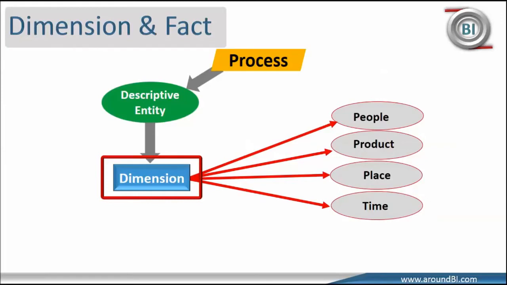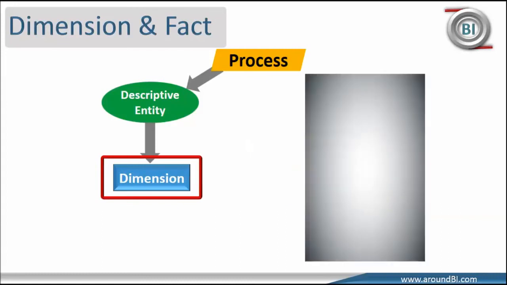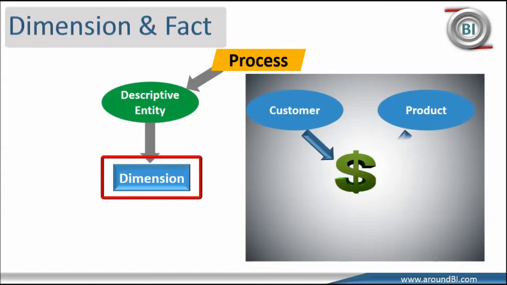So with these dimensions, we provide a medium for business users to do data analysis from various viewpoints. Users can do slicing and dicing on data to get business information like sales by customer or sales by customer in year 2017 or sales by customer in 2017 by a particular product group. So basically dimensions prepare us for doing filtering, grouping and labeling functions.